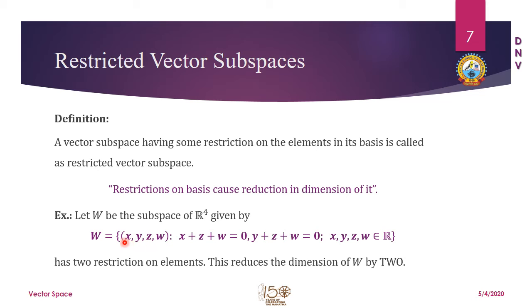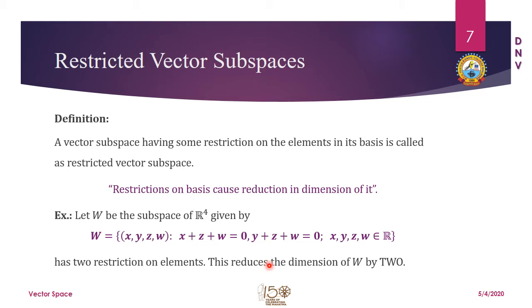And these 4 components, X, Y, Z and W, have these two restrictions: the sum of X, Z and W is equal to 0 and the sum of Y plus Z plus W is equal to 0, where all these 4 components belong to the set R. So these are the two restrictions, and if it is a vector subspace, then it will be called a restricted vector subspace of vector space V.